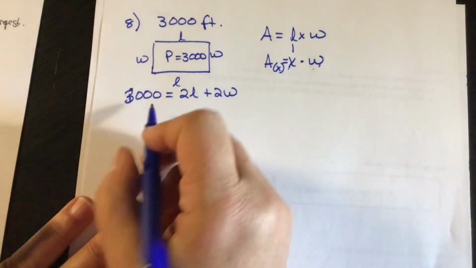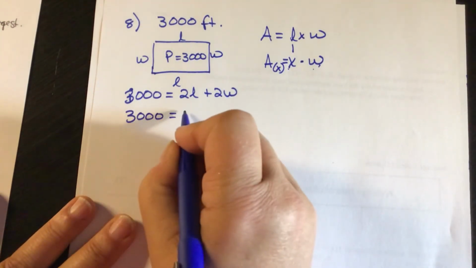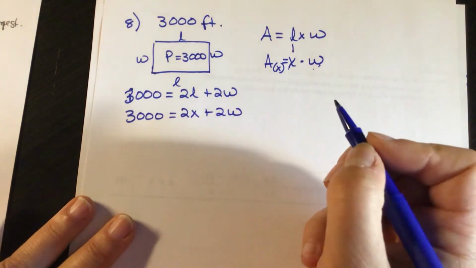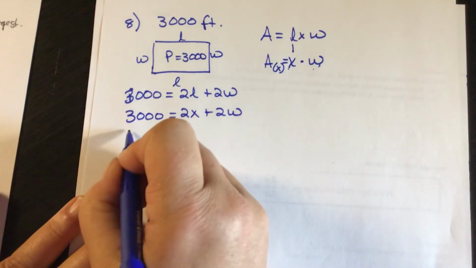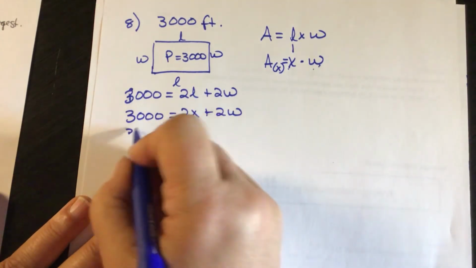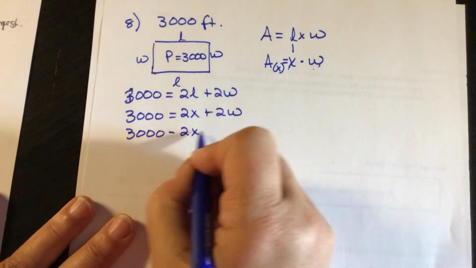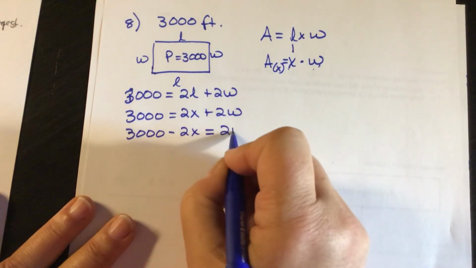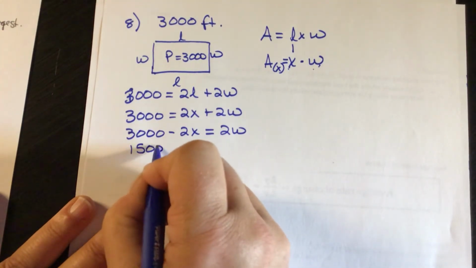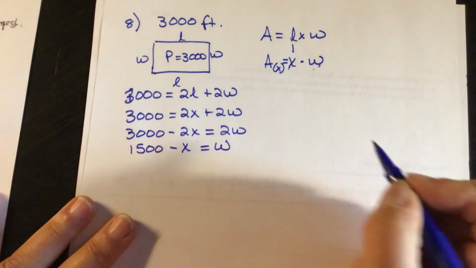So if I take this equation, 3,000 equals 2x plus 2w, and if I subtract 2x, I have 3,000 minus 2x equals 2w, and divide every part by 2. 1,500 minus x equals w.